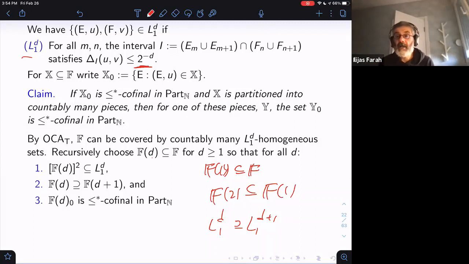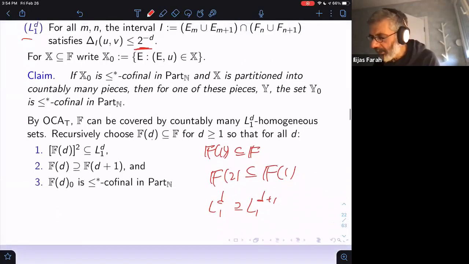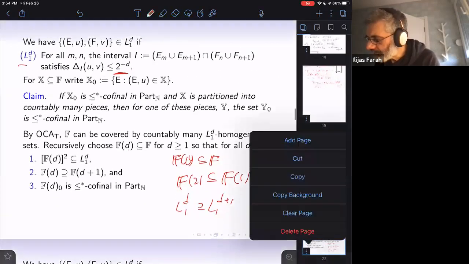So we have this sequence now. If we are super lucky, the intersection of these sets is non-empty, and then we just choose that element and it works. Of course, that's not going to happen, but this is good enough to get us to the proof.